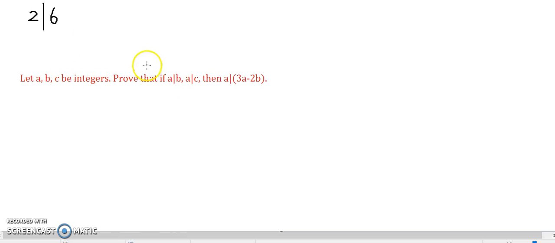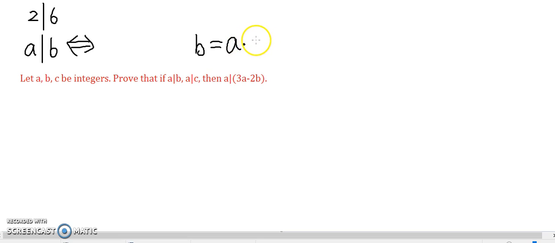But for variables, we have to have a certain expression or definition, so we can understand what we mean by A divides B. If number A goes into number B, it is equivalent to saying A goes into number B a certain number of times. That means I can write number B as number A times an integer.